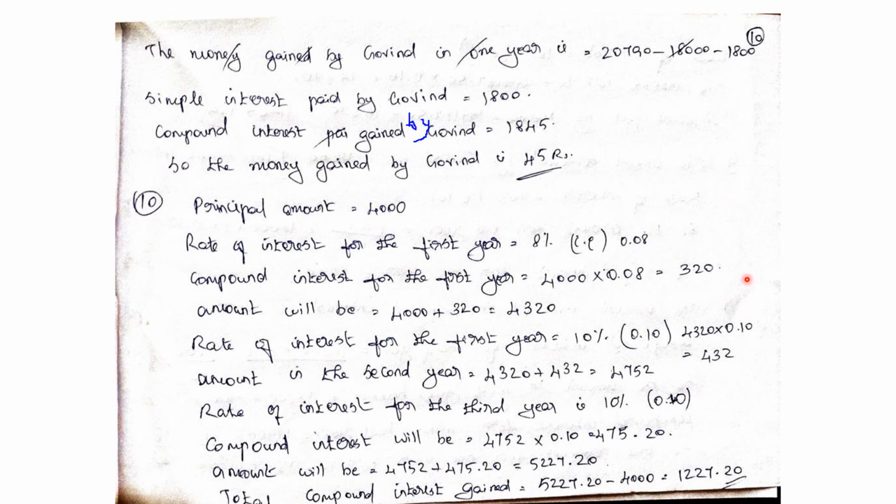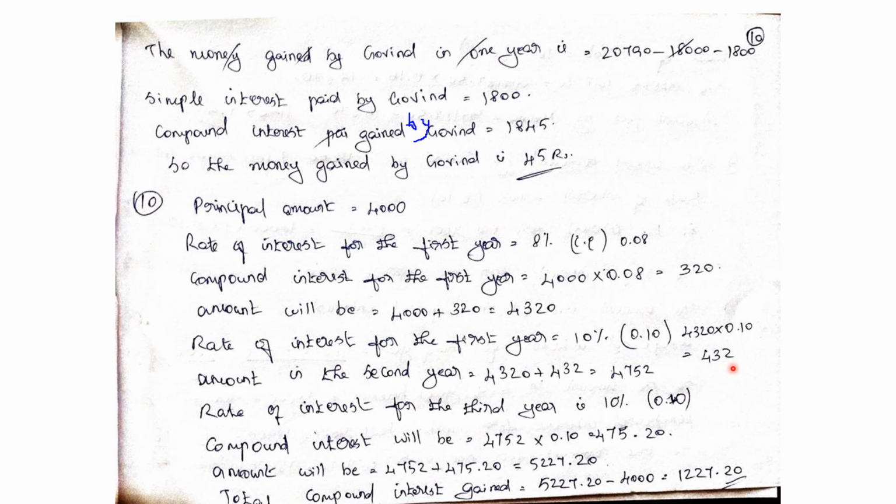This 320 should get added to 4,000. So the amount in the first year becomes 4,320. Rate of interest for the second year is 10%, that is 0.10. So interest in the second year is 4320 into 0.10.